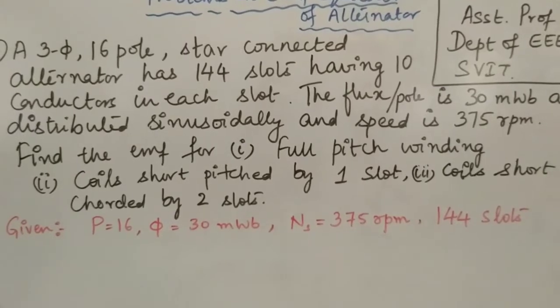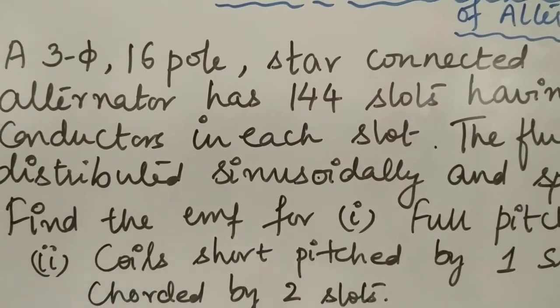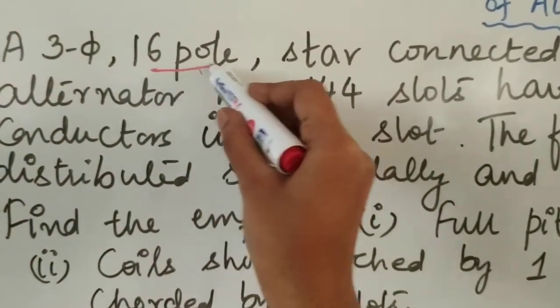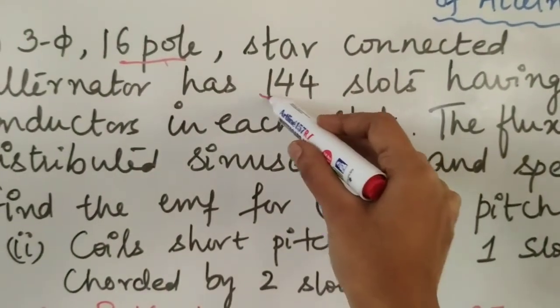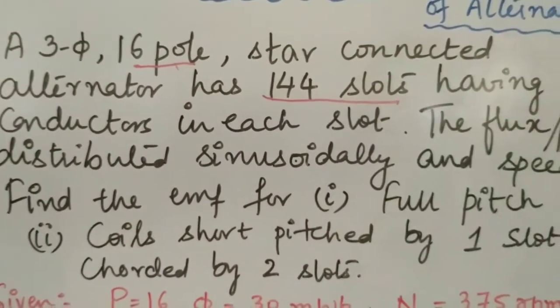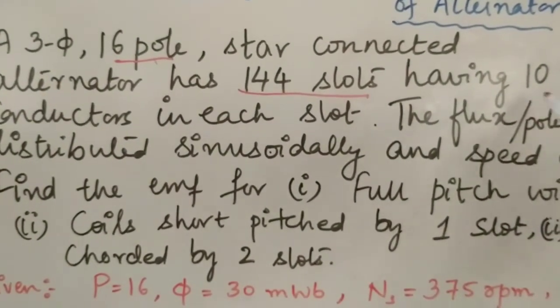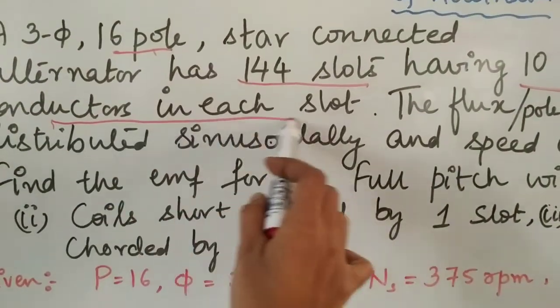So let us see what the given data is. The given data is 16 poles and star connected, which has 144 slots. You can make a note of it. It has 10 conductors in each slot.